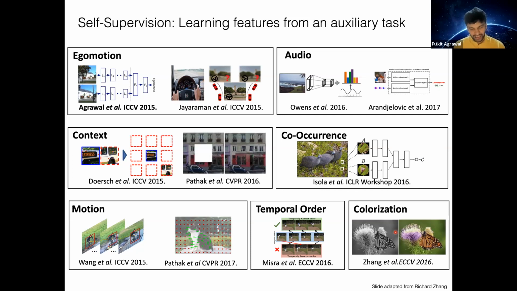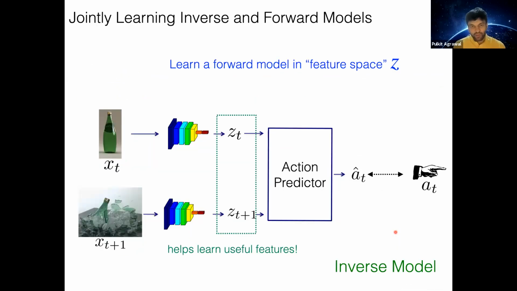And then I could learn forward models in a better feature space. How do we learn forward models in this feature space, and how do they turn out to be better than doing pixel prediction, is something we are going to see in more detail in a future lecture. What I'm going to focus on right now is just the inverse model, but it is something to keep in mind.